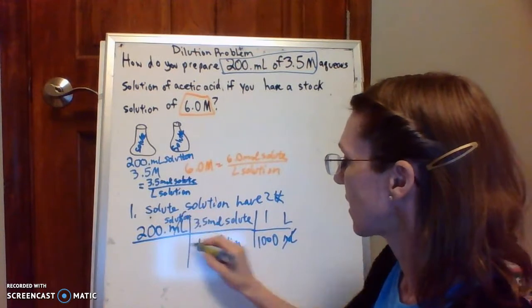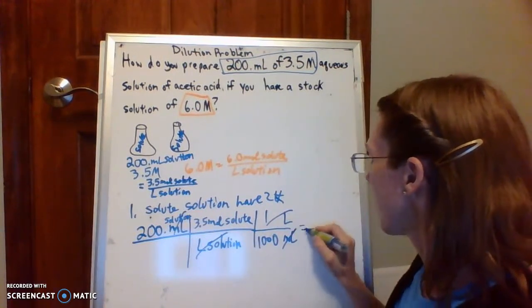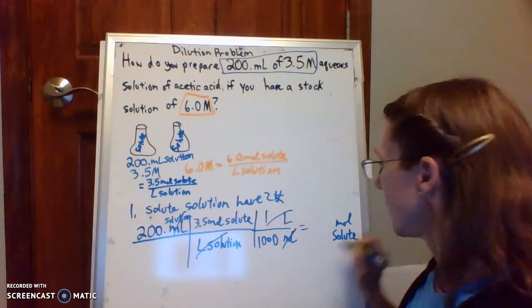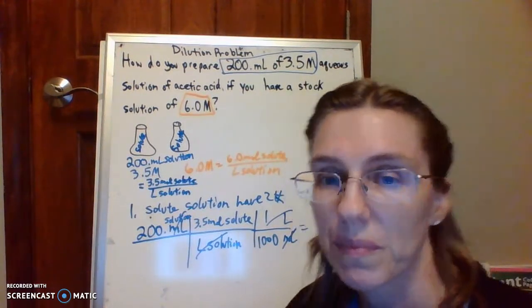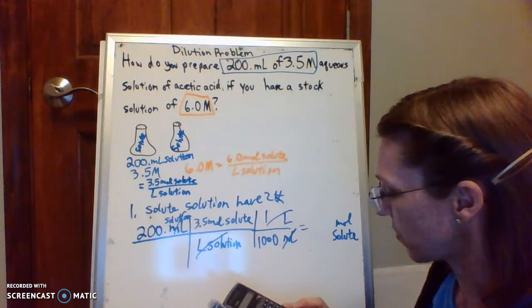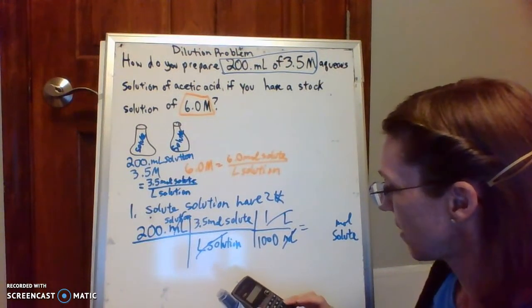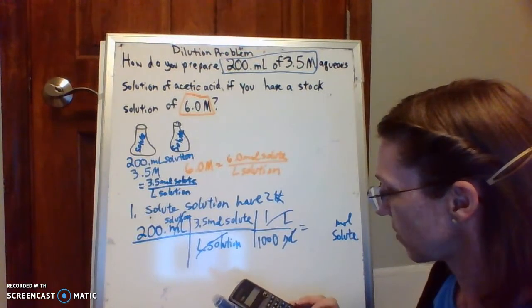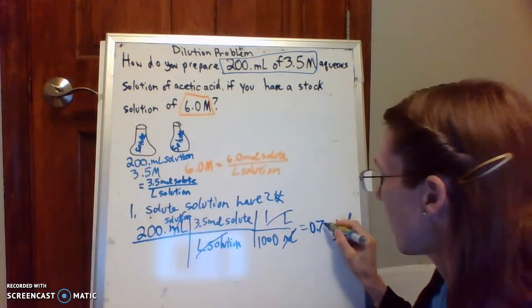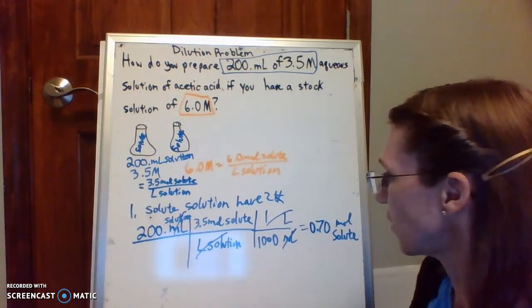Now our milliliters cancel out, our liters cancel out, and this gives us how much solute is in that first solution. 200 times 3.5 divided by 1,000, and we get 0.70 moles of solute.